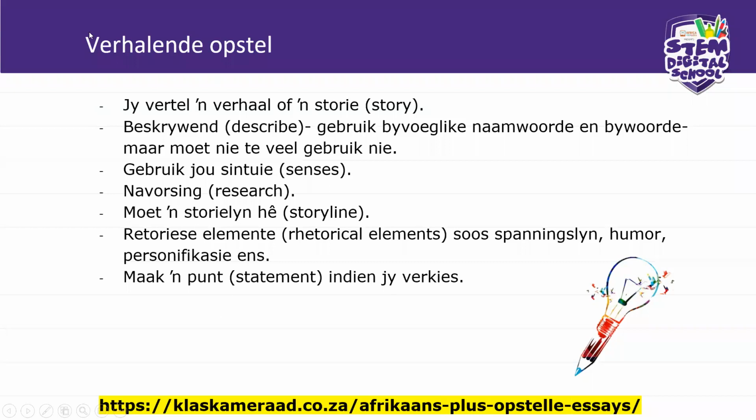Then, not every time, but sometimes in a narrative essay or verhalende opstel, you can make a statement. Yesterday I used the example about men and women not always needing each other to do something good in life. But let's use the example that I gave you now about the boy.